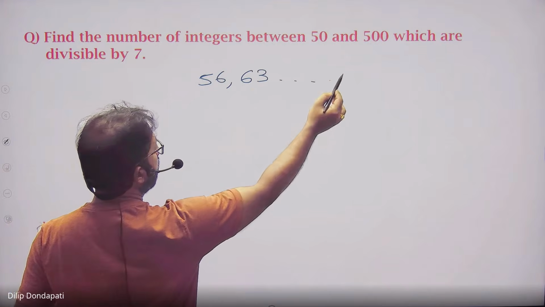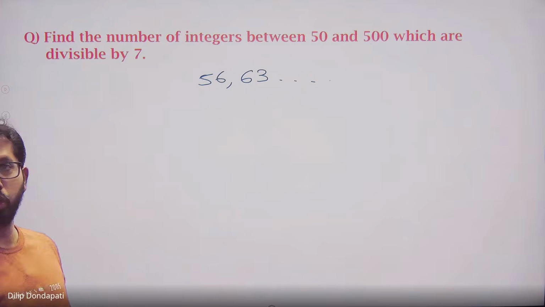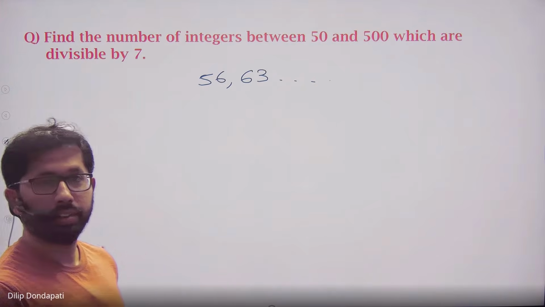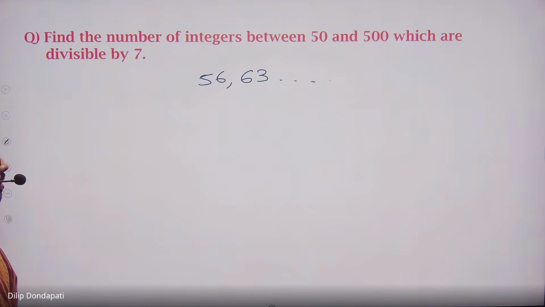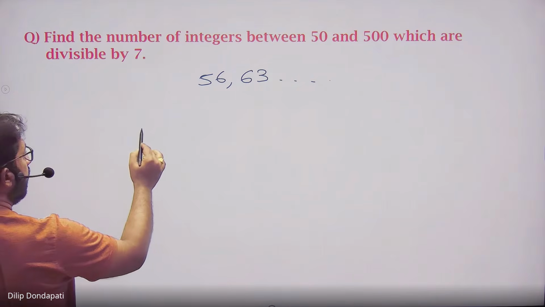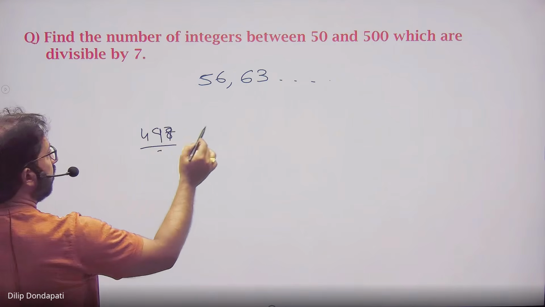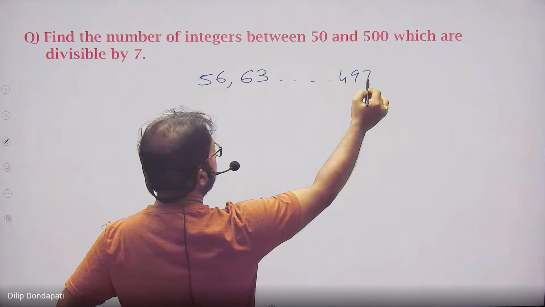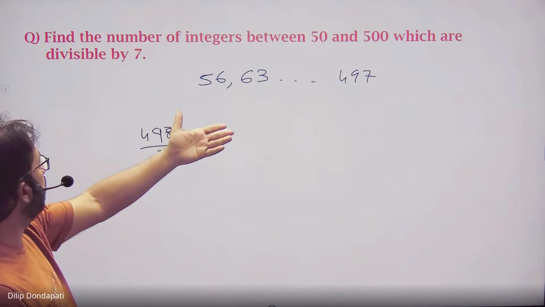And the last number which is less than 500, which is divisible by 7. Check. 498. Divide. No, 497. Correct. So you got the series. Now find n.